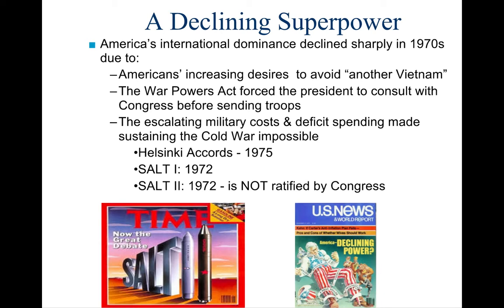So for example, if there was a military conflict that lasted for more than 60 days, Congress had to authorize it, or extend the deadline. So basically, unlike what happened with the Gulf of Tonkin resolution, the president couldn't just send troops into an area for an indefinite period of time.